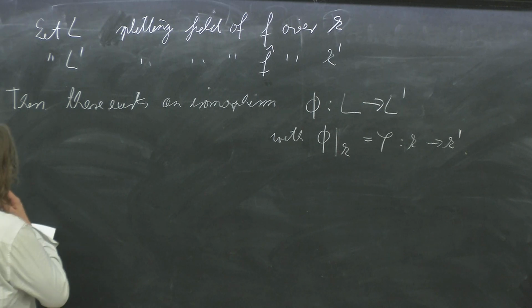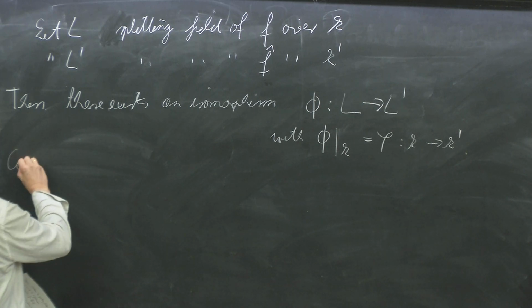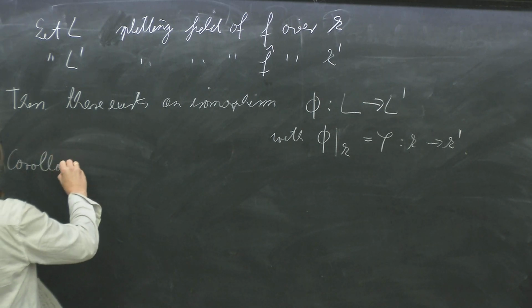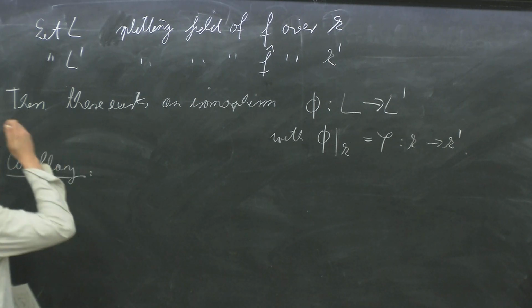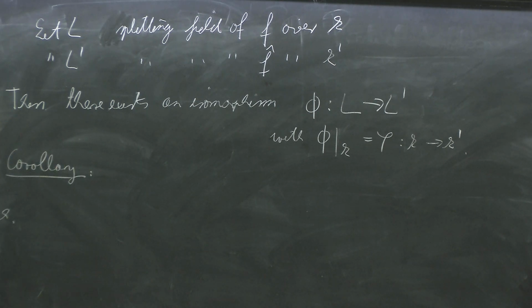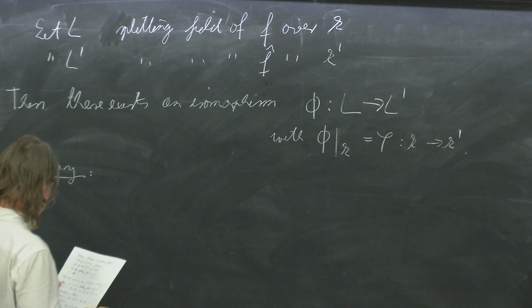So in particular, we can apply this to the case when phi is just the identity of K. Then it says the splitting field is unique up to isomorphism.